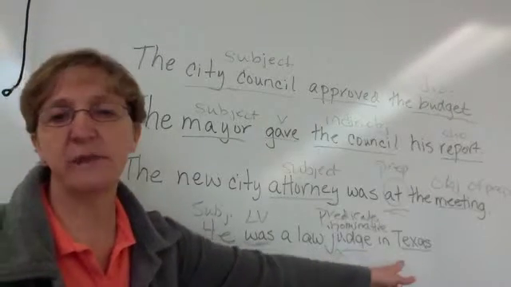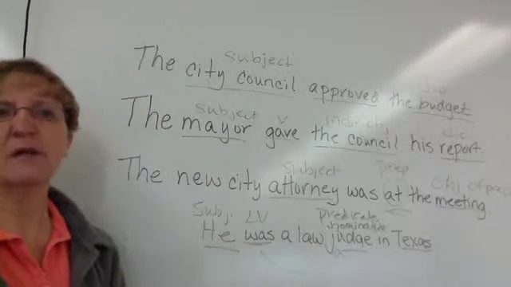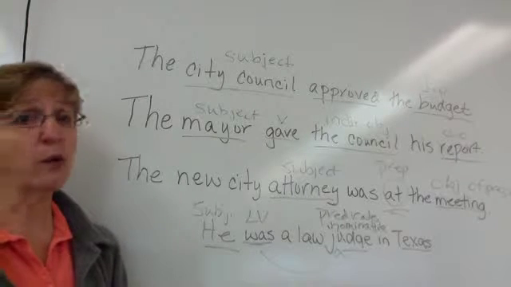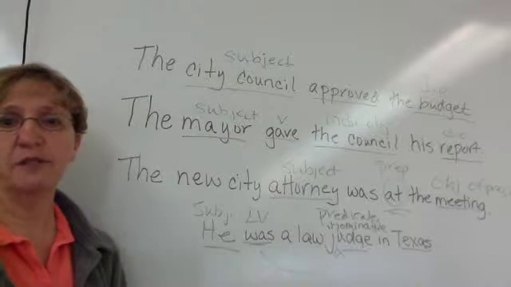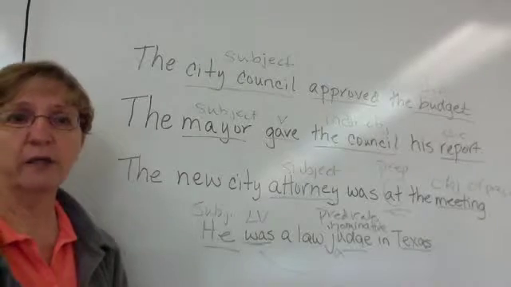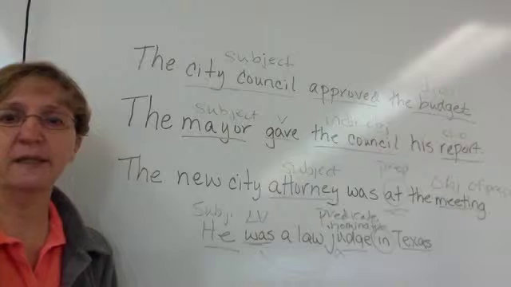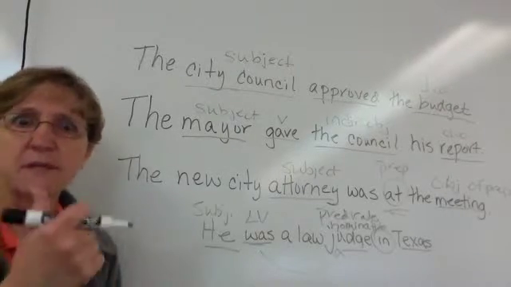Then we have "Texas." We've got this little noun over here that we have to worry about. So how do we know what it is? Because we have a linking verb, we're not going to have a direct object or indirect object. So we've got to look around. What's around it? What's this word right here? "In," right? It's a preposition.